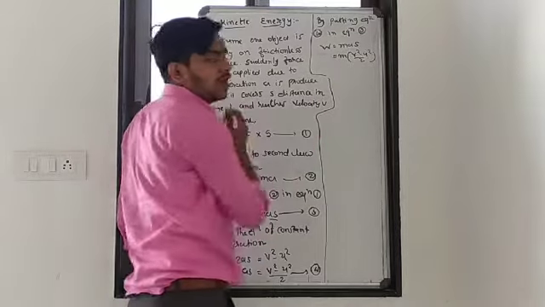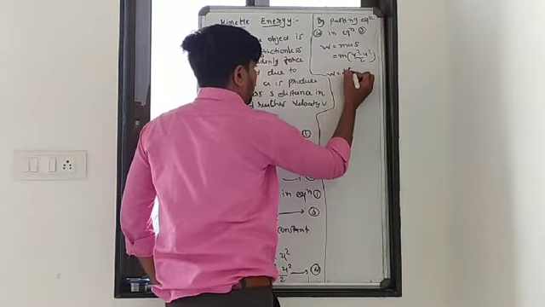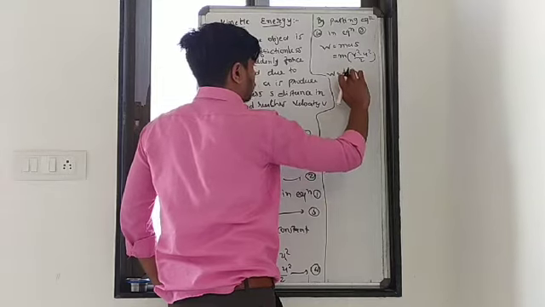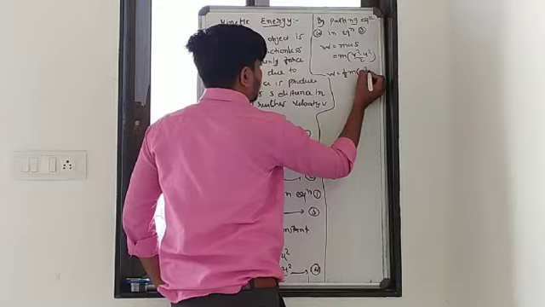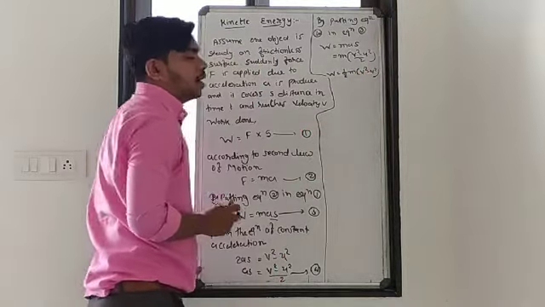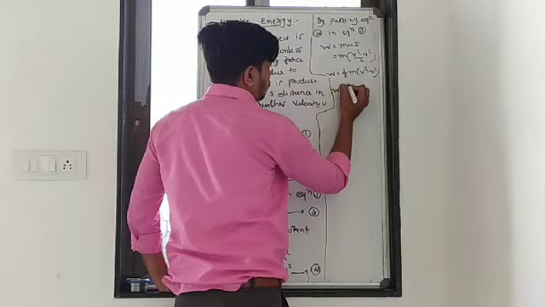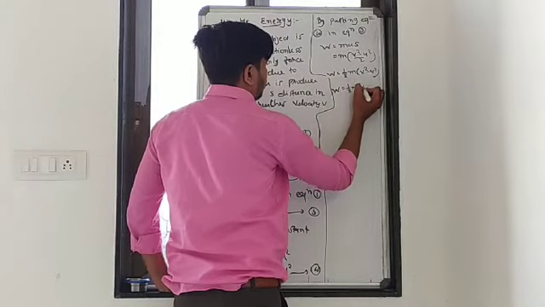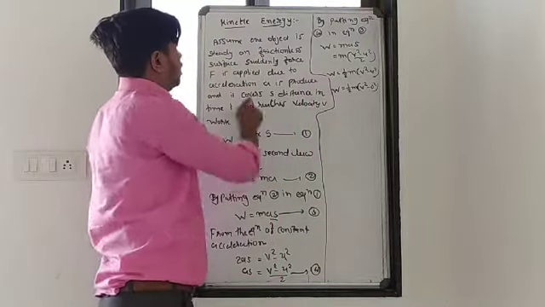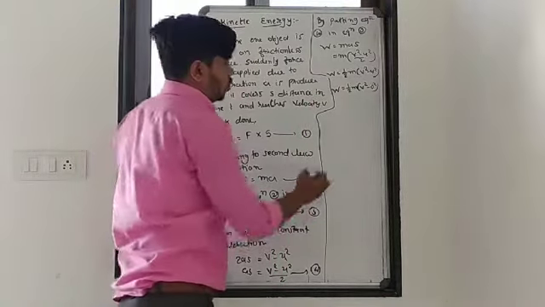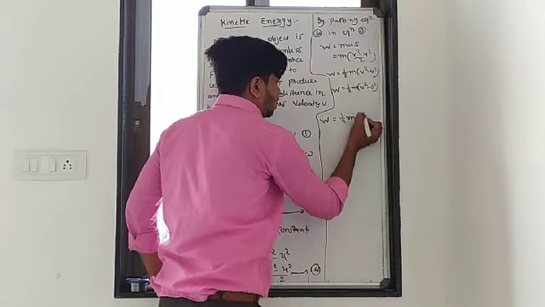So just put this 1/2 outside and you get W is equal to 1/2 m, in bracket, v square minus u square. But as we know that u is 0, so W equals 1/2 m, v square minus 0 square, because initially the object is in a steady position. So W is equal to 1/2 mv square.